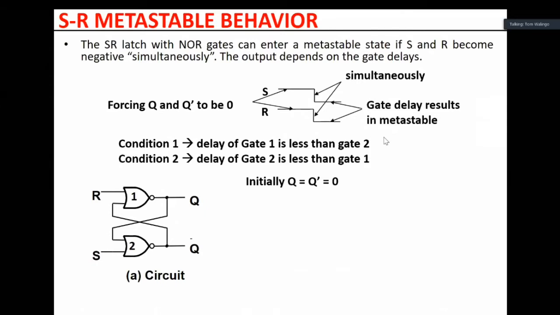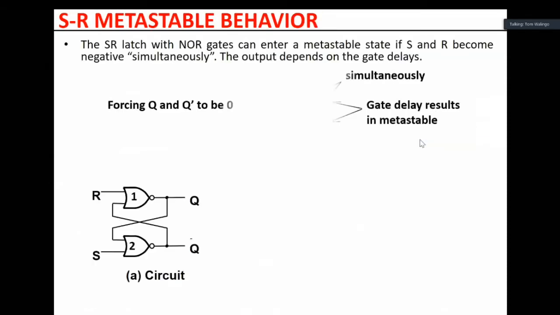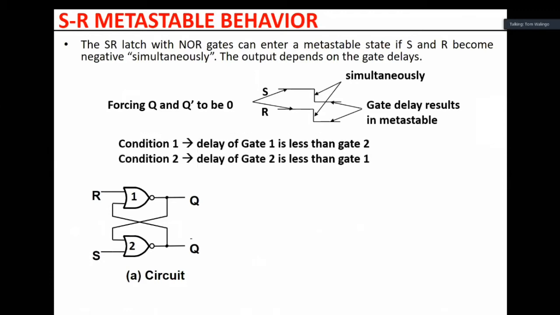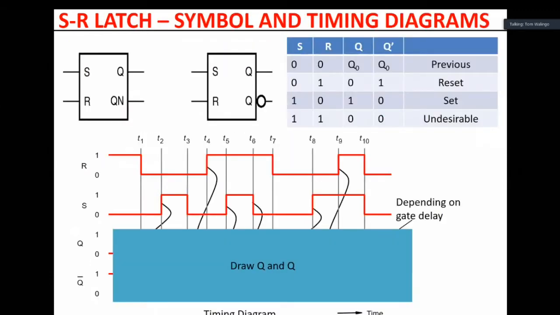That is why we say we don't want a situation where Q and Q complement are at the same value. Those are the undesirable states. That is why we don't really like latches. They have these problems, metastability of the output depending on the conditions, the delays in the gates. So that is why we've got what we call undesirable or metastable states.